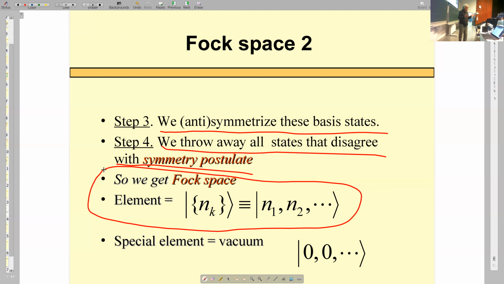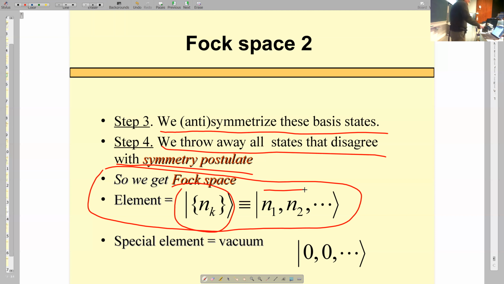Remember, it's a Hilbert space, and a wave function is a superposition over basis states in this Hilbert space, right? So this is a single basis state. And it is completely defined by an infinite set of occupation numbers. For each level, we define an occupation number. For fermions, it's 0 or 1. For bosons, it's any integer number, including 0. That gives us an element.